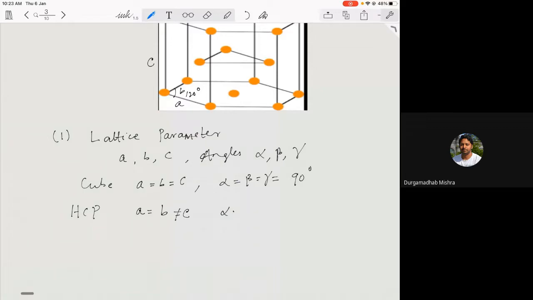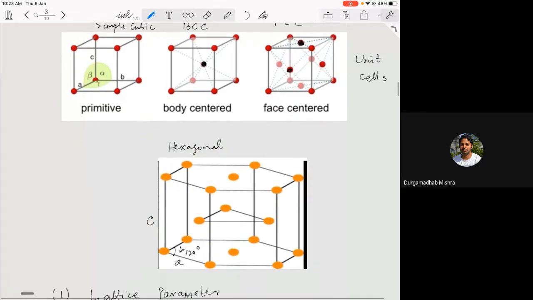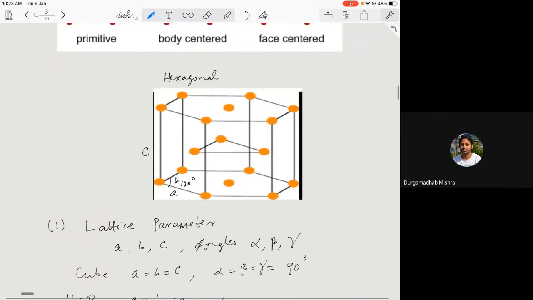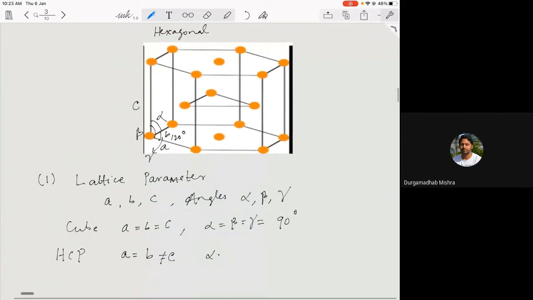The angle between B and C we say is alpha, between A and C is beta, and between A and B we call gamma. Alpha and beta will be 90 degrees, but gamma will be 120 degrees.